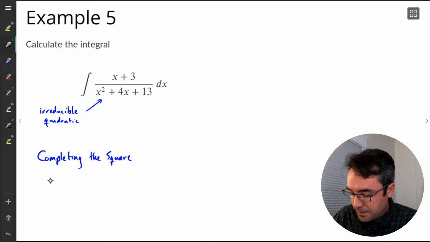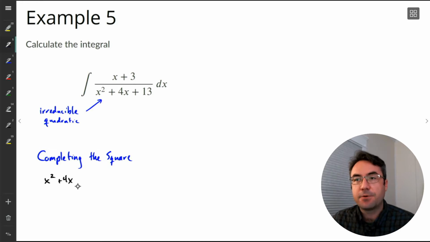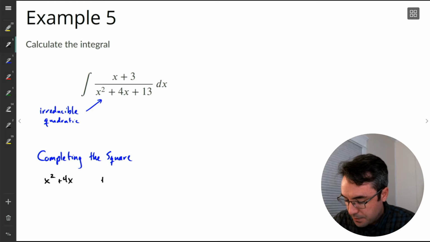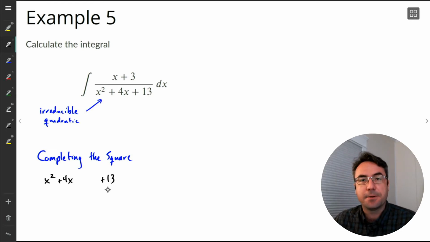So let's write down our quadratic here, x squared plus 4x. And for completing the square, we want to leave a little bit of a space here because we're going to be putting some things in. So let's put the plus 13 off to the side here. All right, so how does completing the square work? Well, it usually works nice if the coefficient in front of the x squared is a 1, and that's what we have here.